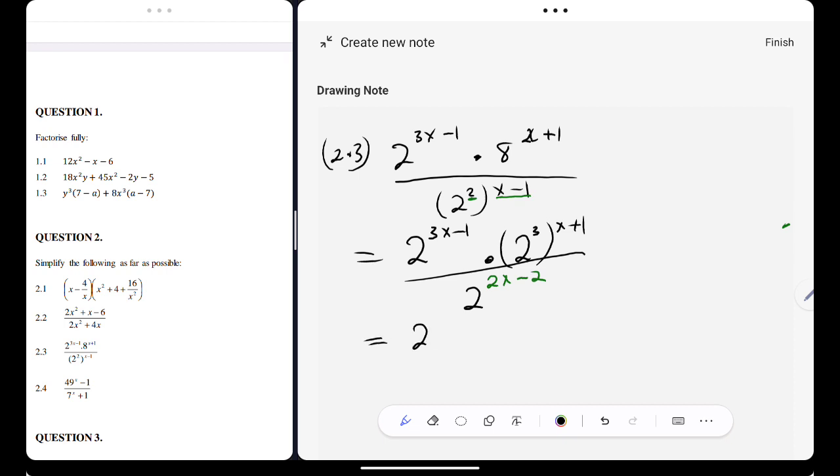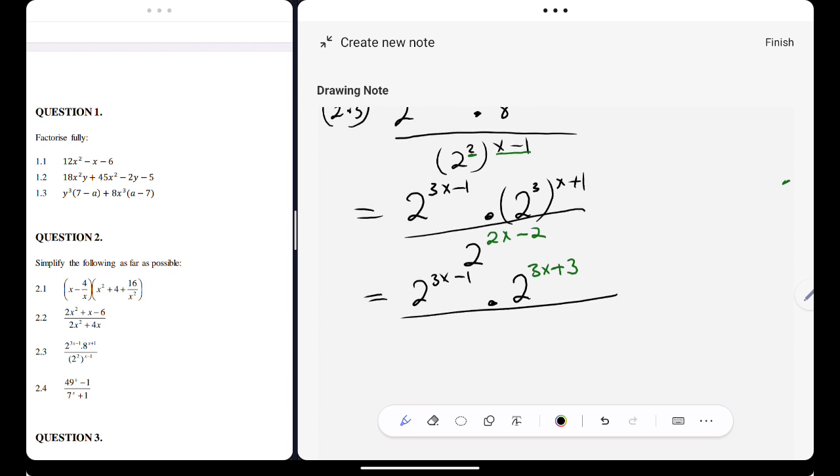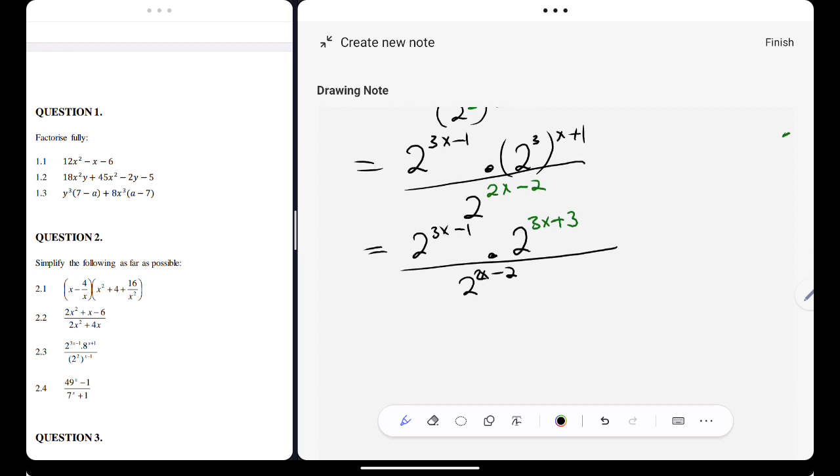Here I will have 2 to the power 3x minus 1 multiplied by 2. The exponent and powers, they always multiply one another. It's 3x plus 3 all over 2x minus 2 all together.